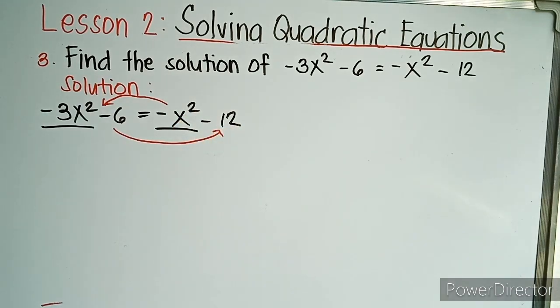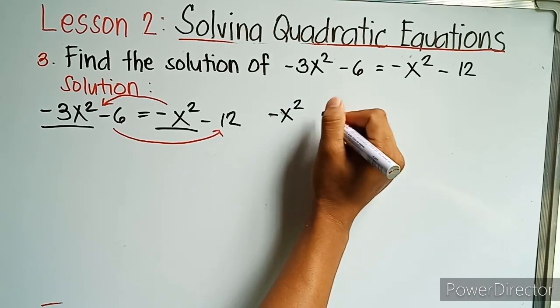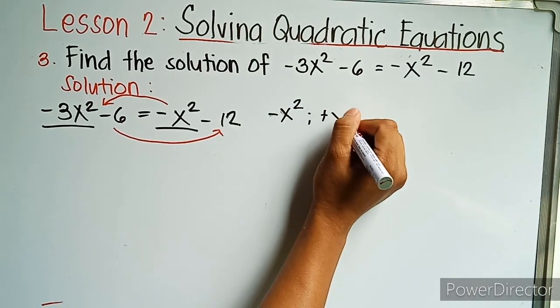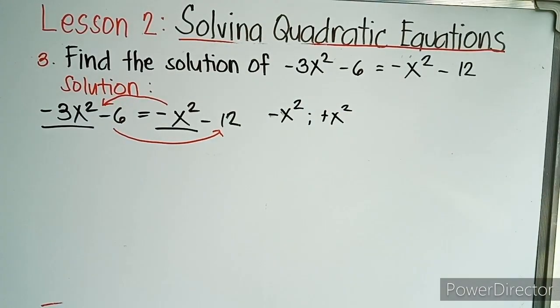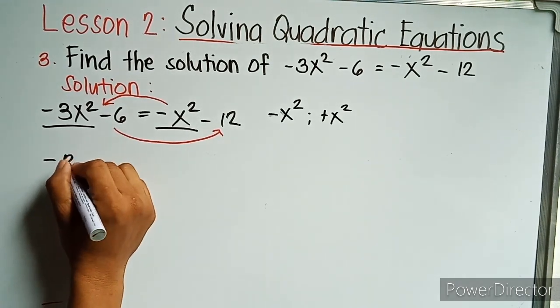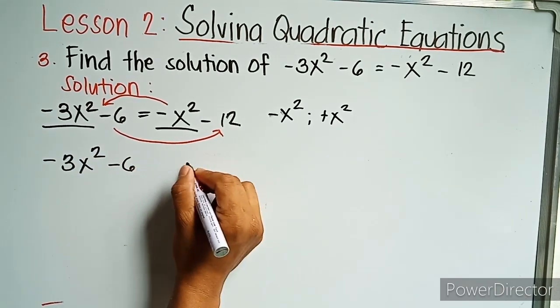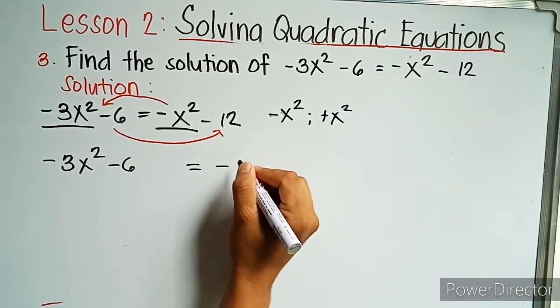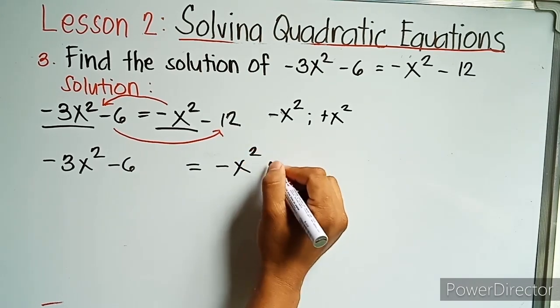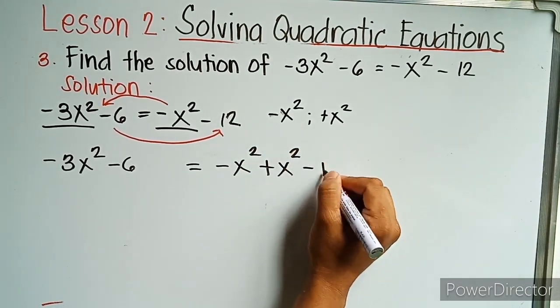Negative x squared, ang additive inverse niya ay positive x squared. Okay, so gawin natin. We have negative 3x squared minus 6 equals negative x squared plus x squared minus 12.